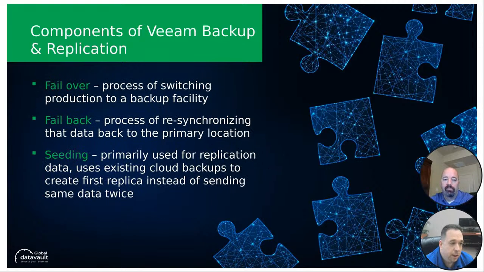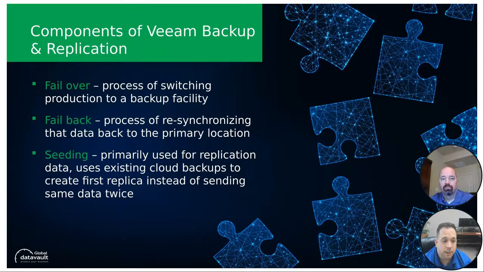So the failover process: we just discussed replication, creating a snapshot using Veeam as a pass-through, and storing the snapshot on the global data vault side in a hypervisor on our side, and that's stored in a powered off state. A failover is the process of actually switching the production server. Let's say that you lose one server in your infrastructure. You would just right click on the replica and choose failover now.